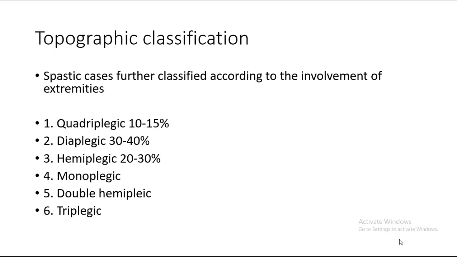Diplegic involves both lower limbs or 4 limbs, but the lower limbs are affected more than the upper limbs. Hemiplegic is when one side of the body is affected. Monoplegic, one limb is affected. Double hemiplegic is when there is involvement of the 4 limbs, but the upper limbs are insulted more than the lower limbs.